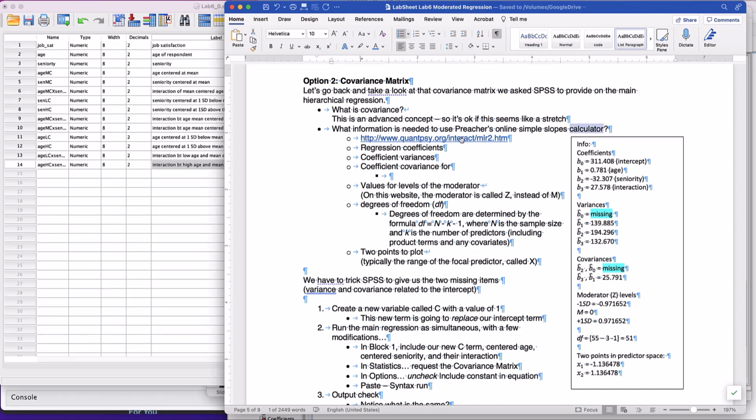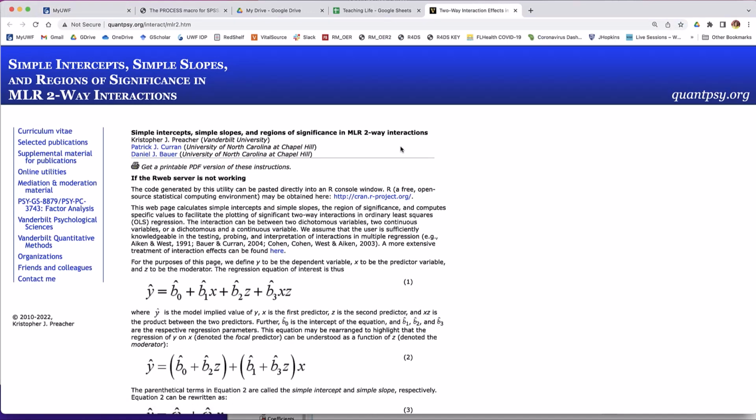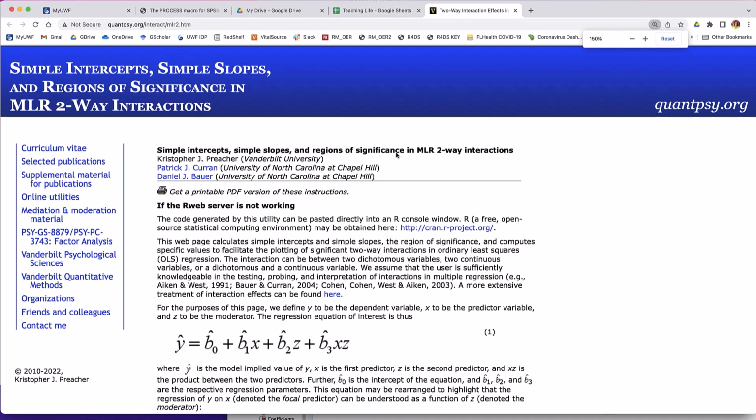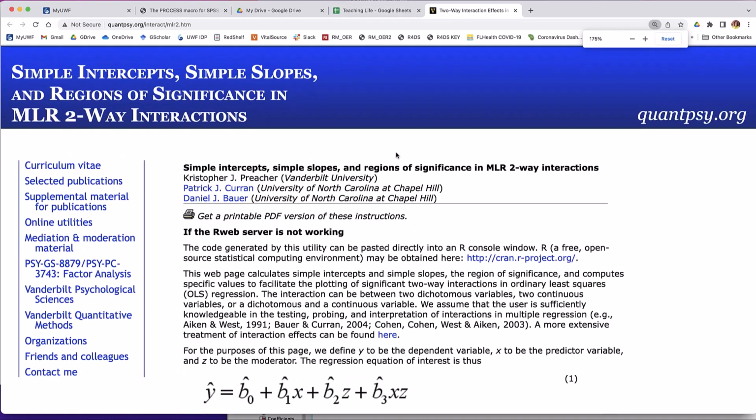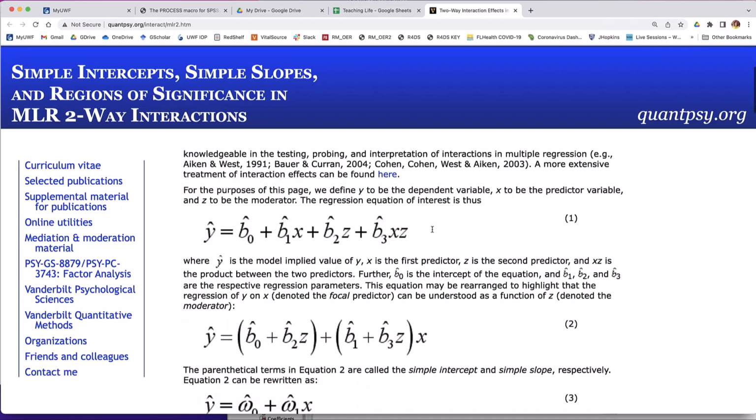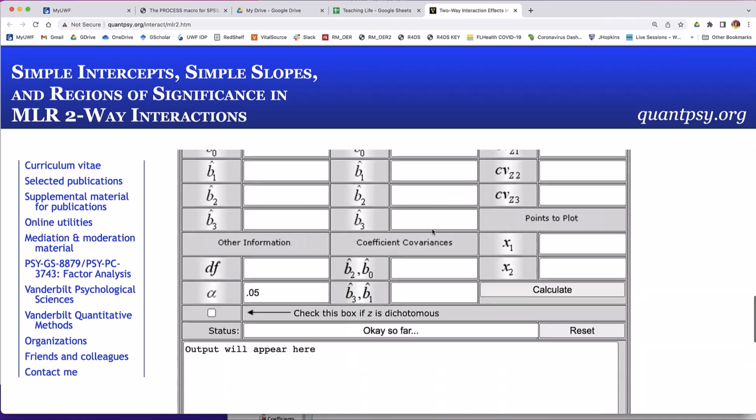So the information, we go check out this Preacher's Online calculator here. There we go. So you get to this page, and let me bump it up a little. That should work. And then you got to scroll all the way down to the calculator. There it is.